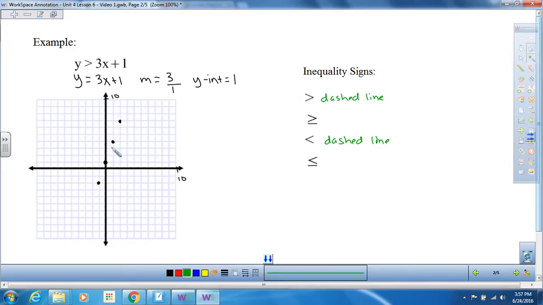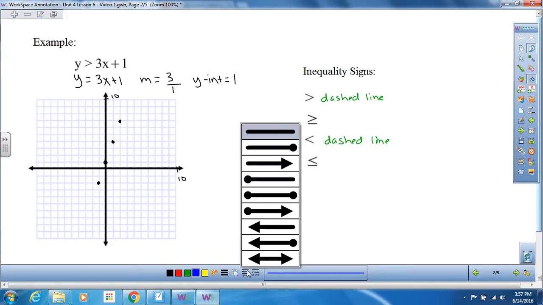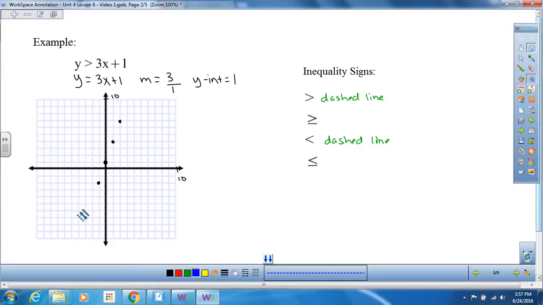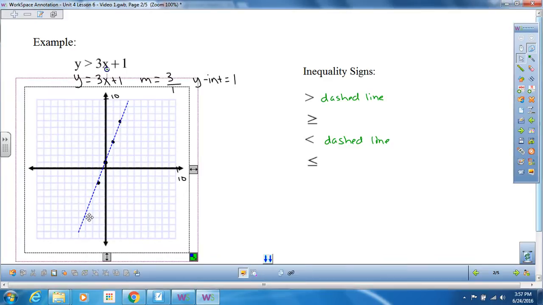Okay, so on my graph, I need a dashed line. So it's still going to go all the way through, and it's still going to have arrows at the end.